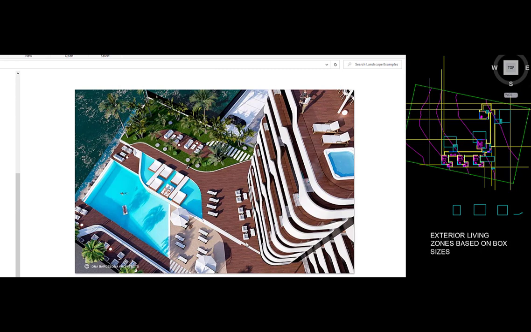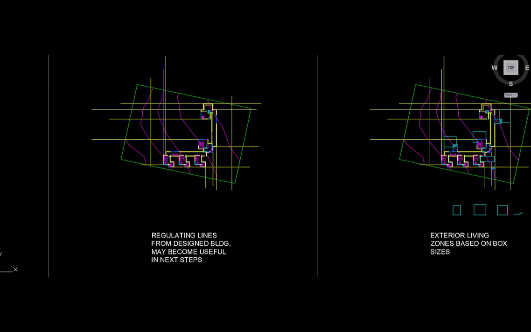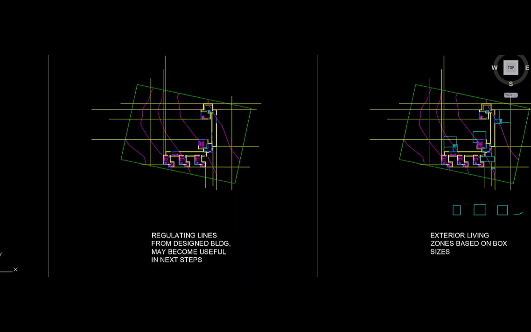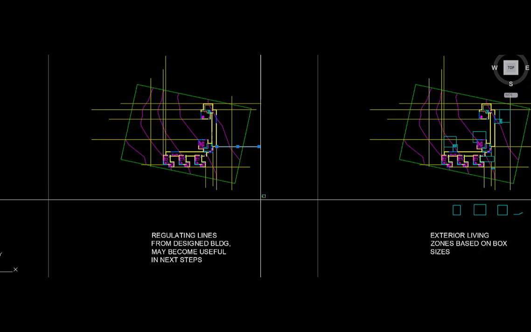You have a building geometry that's doing a certain thing, and the ground plane begins to do the same geometry like the building does, and more directly perhaps, such as the regulating lines in the site plan are born again from the building geometry as well. Having said that, let's get back to our plan for the Hillside Retreat.